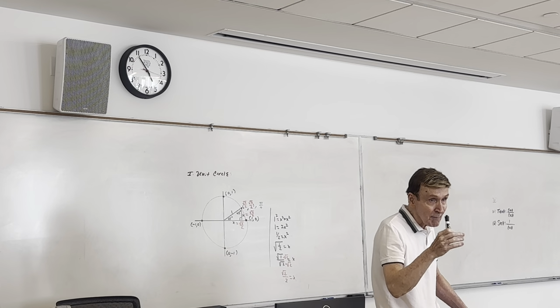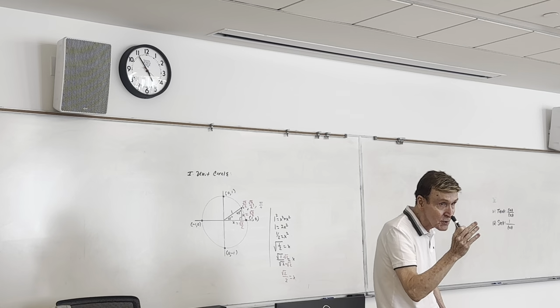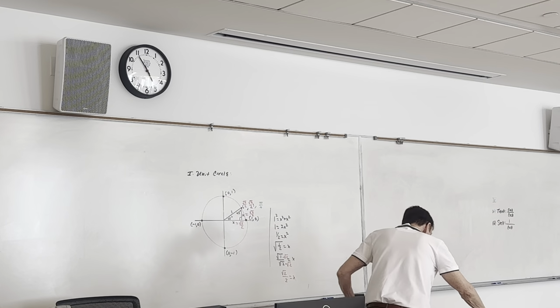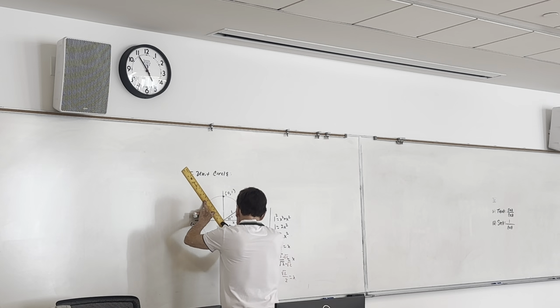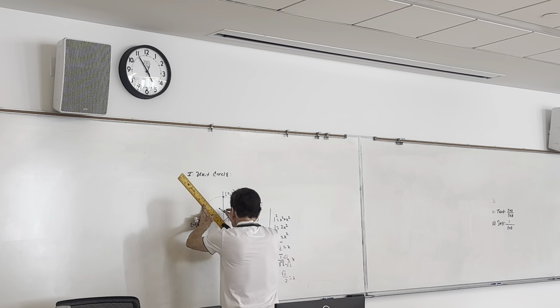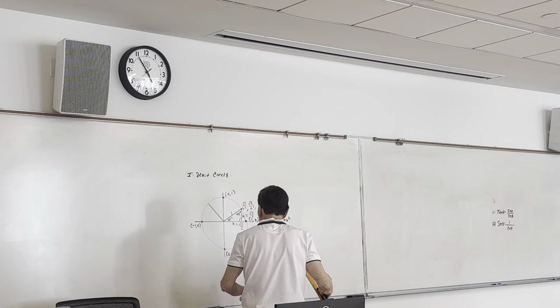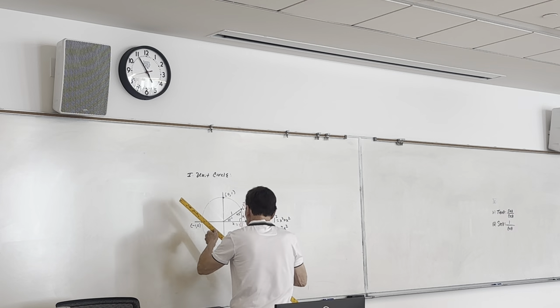Now, I'm going to reflect this across the y-axis and take it into quadrant 2. I'll make it something like this, as reasonable as I can. Make it more reasonable.